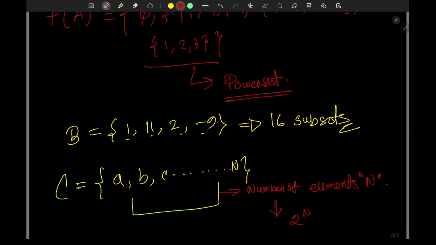You can try to prove it by induction, and I'm pretty sure the proof exists on Wikipedia and whatnot. You can just Google it and see why this is the case. It's a combinatorial problem, that's all.